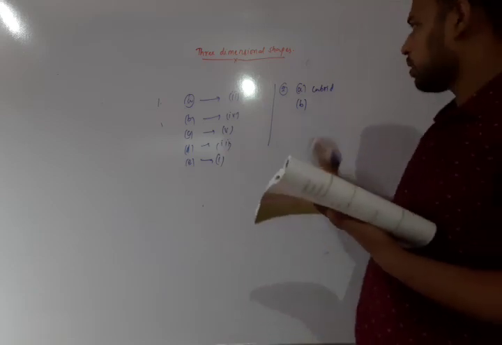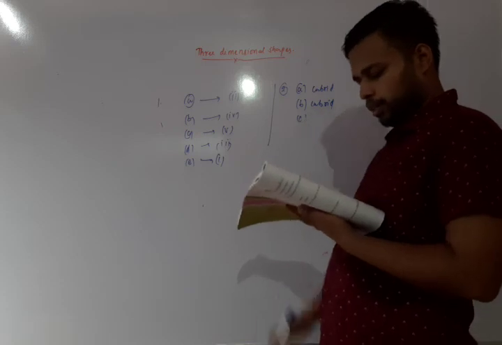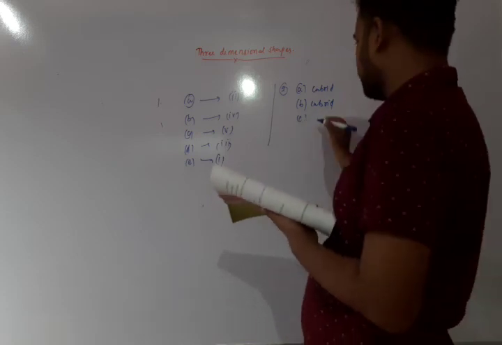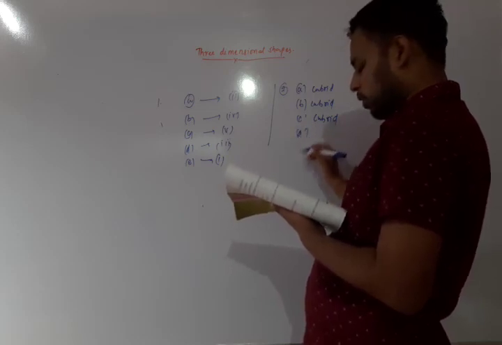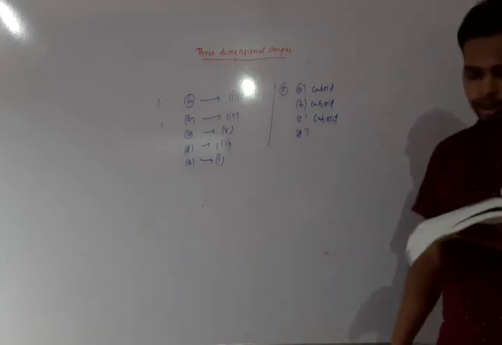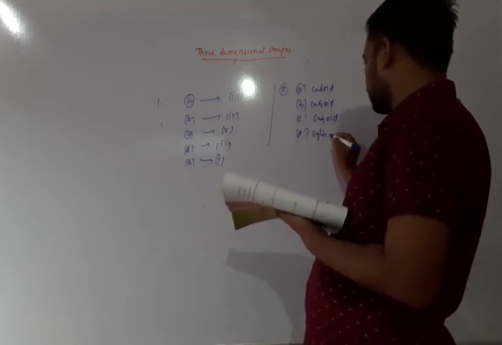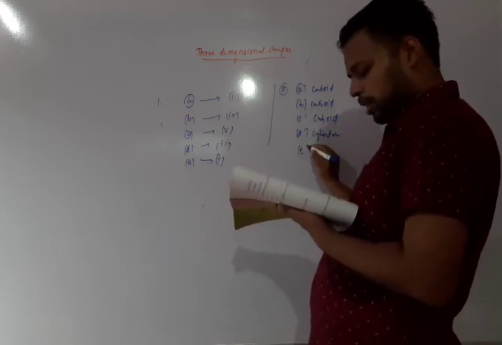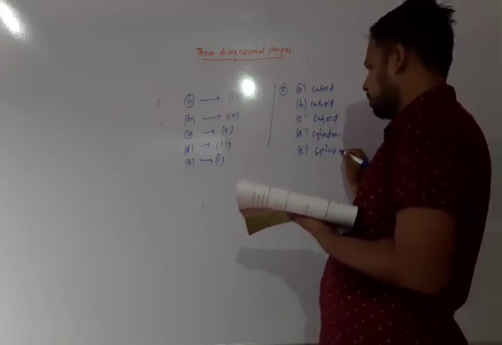A brick, cuboid. C, matchbox, cuboid. D, roller is a cylinder. Next is E, a sweet laddu is a sphere.